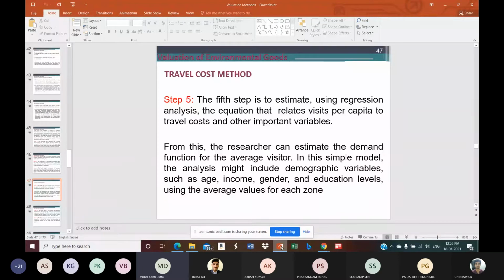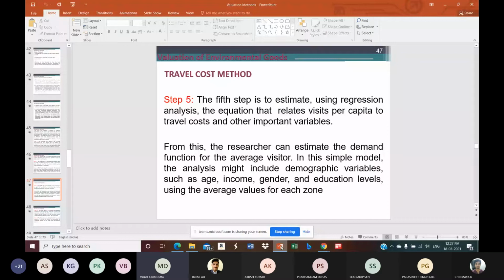There might be demographic variables, for example, age, whether a relatively young population will prefer visiting more, or whether the elderly population will be more interested to visit those places, whether males are more interested in visiting, or maybe females are taking up more travel to these places.